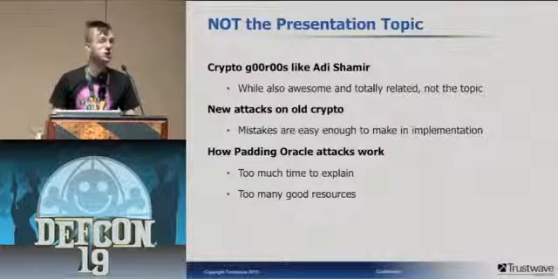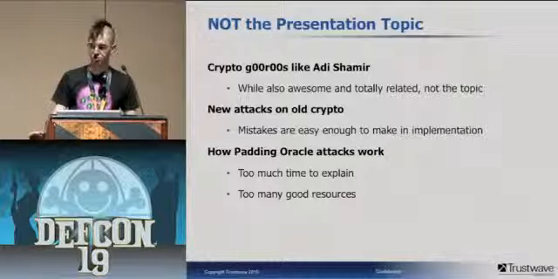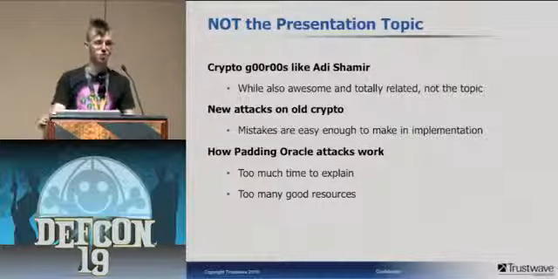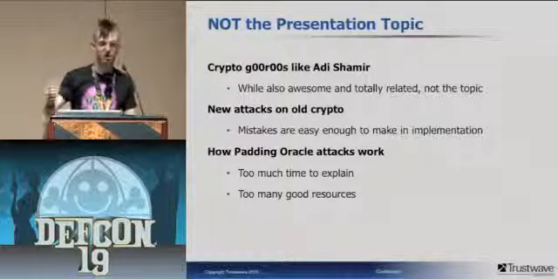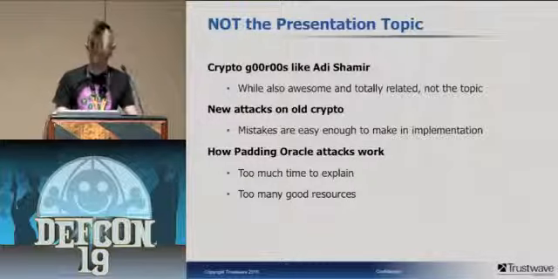We're also not going to be talking about how padding oracle attacks work. If you would like to know, the presentation from Ekoparty, Padding Oracles Everywhere, is a fantastic resource, and it talks about the implementation of padding oracles as decryption oracles and using that against a couple different things, JavaServer Faces, ASP.NET, so groovy stuff.